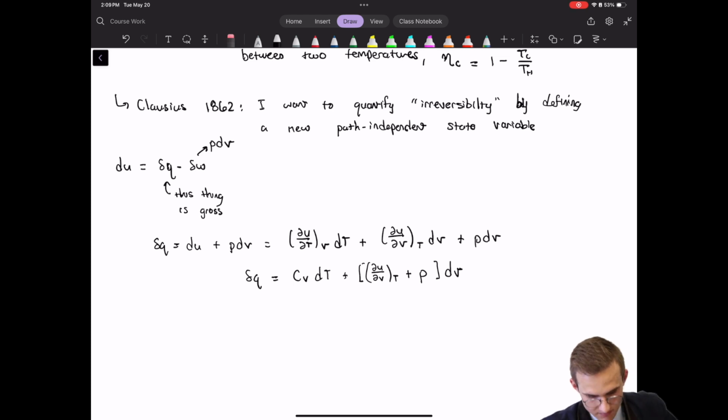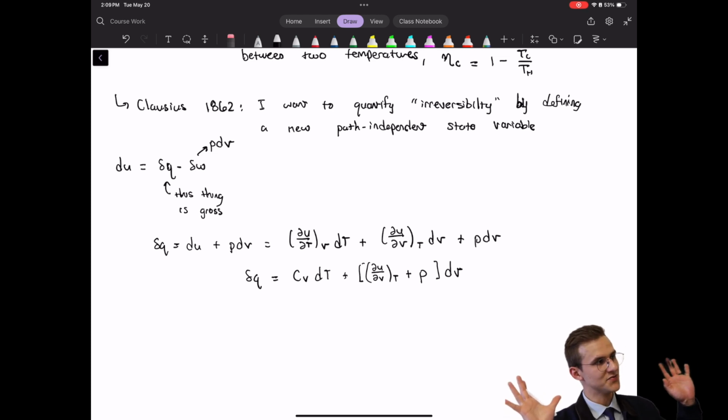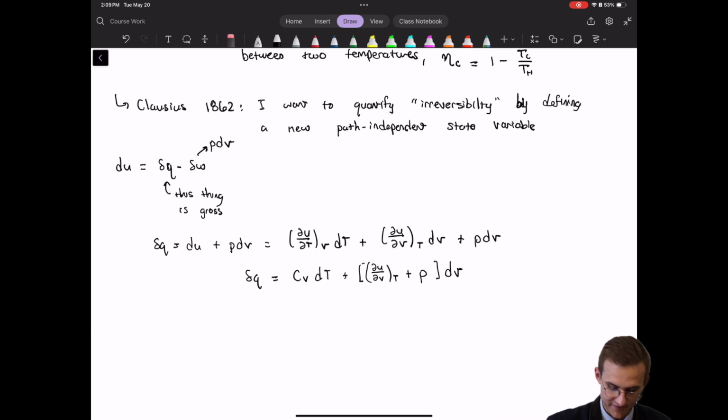Now, let's assume that Q is not a path function. Then we would have an actual total differential of Q. This is what we want.